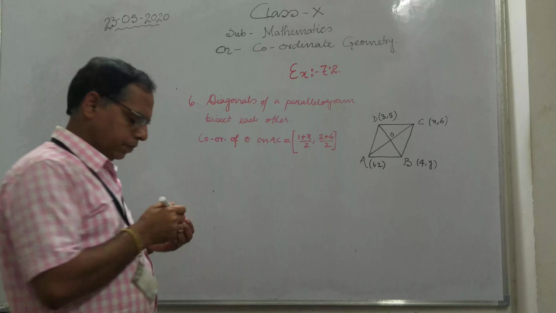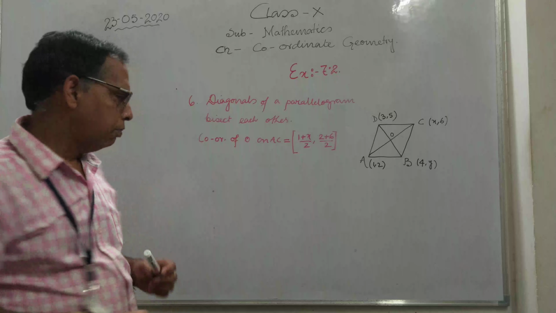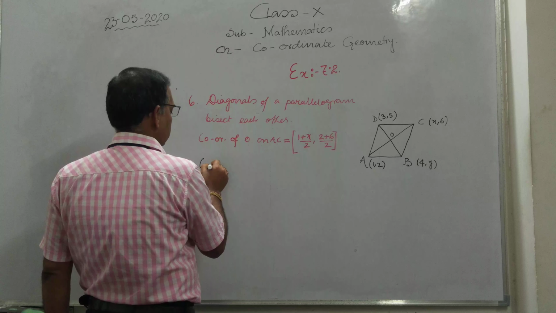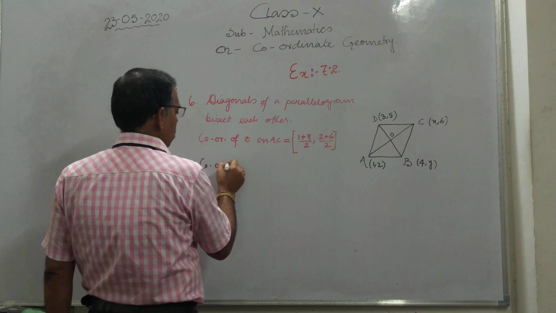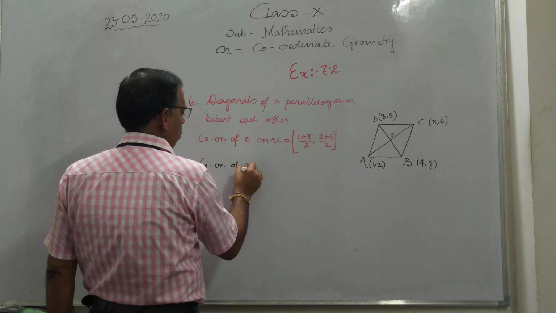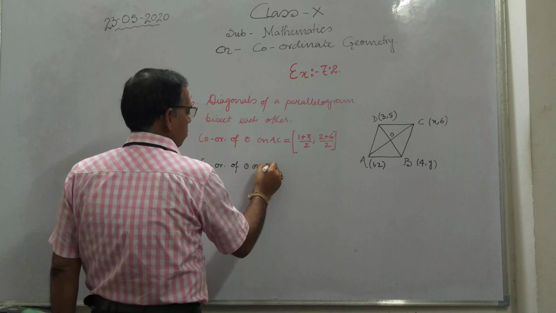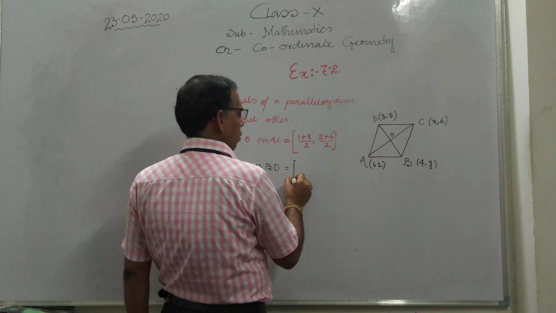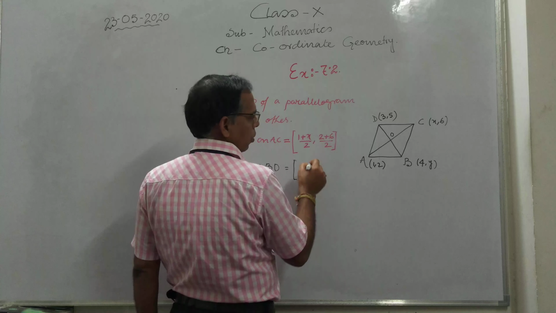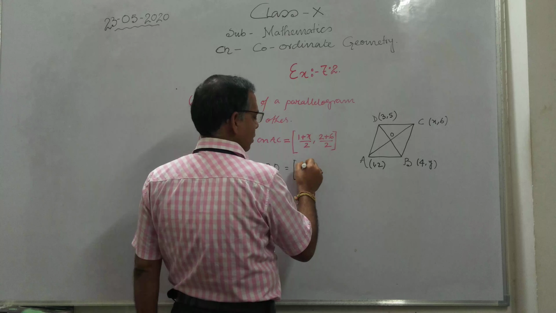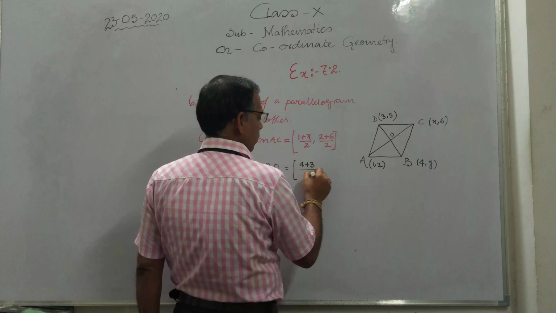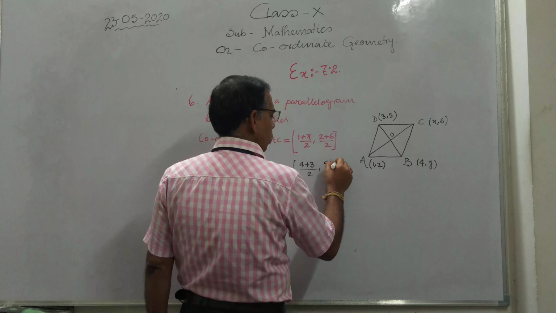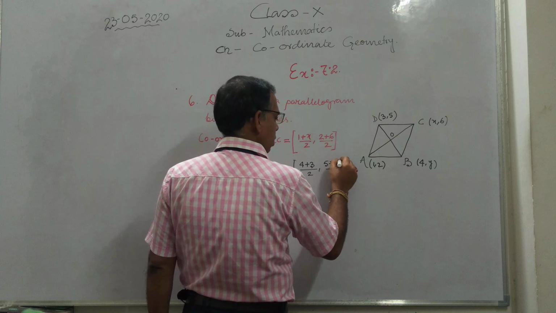The next, coordinate of O on BD, what is that? 4 plus 3 divided by 2, 5 plus y divided by 2.